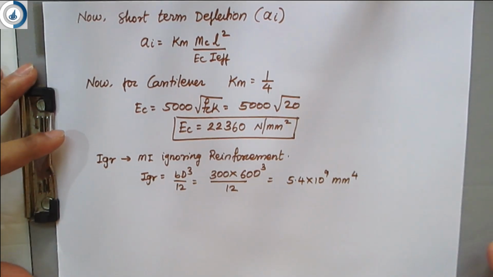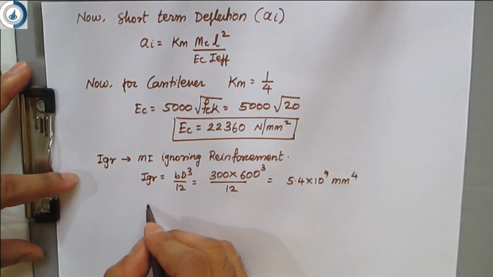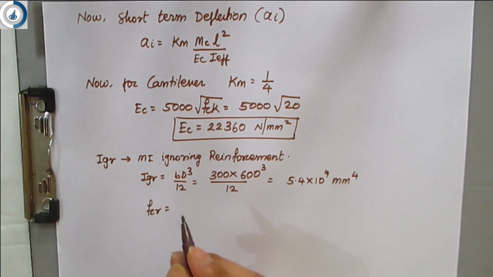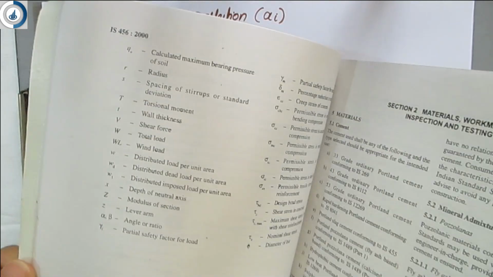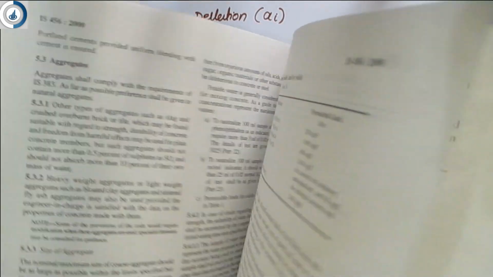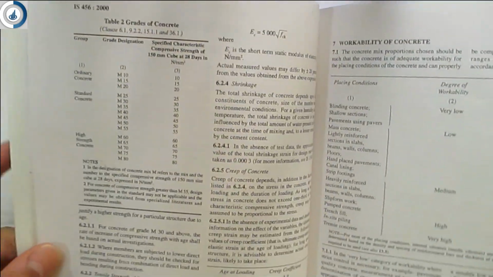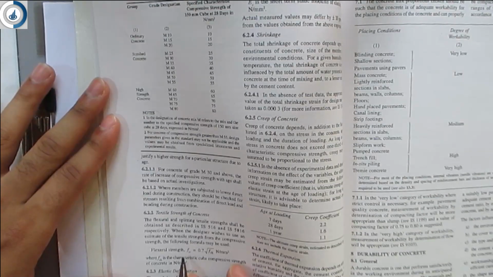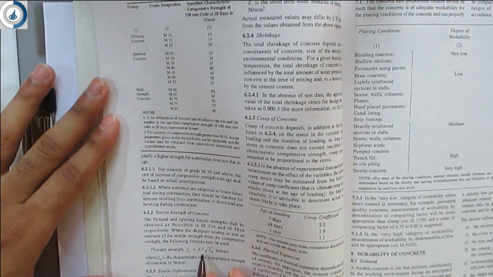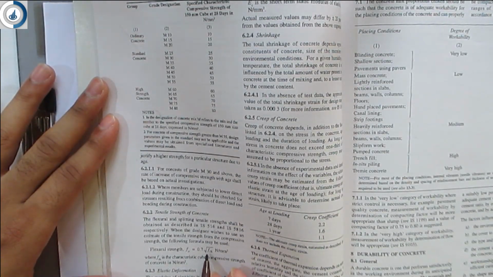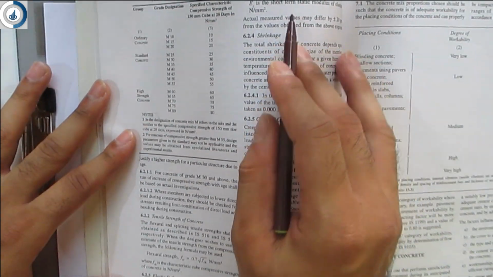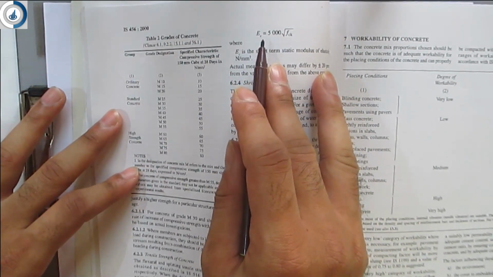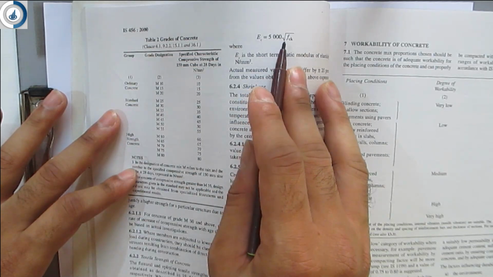Then again one thing was required, that is fcr. If you don't know the fcr value, you can go to page number 16 of IS 456 2000, where the formula is given. fcr is the tensile strength of concrete. So fcr is equal to 0.7 root of fck. How do you find the modulus of elasticity for concrete, that is Ec? It is 5000 root of fck.